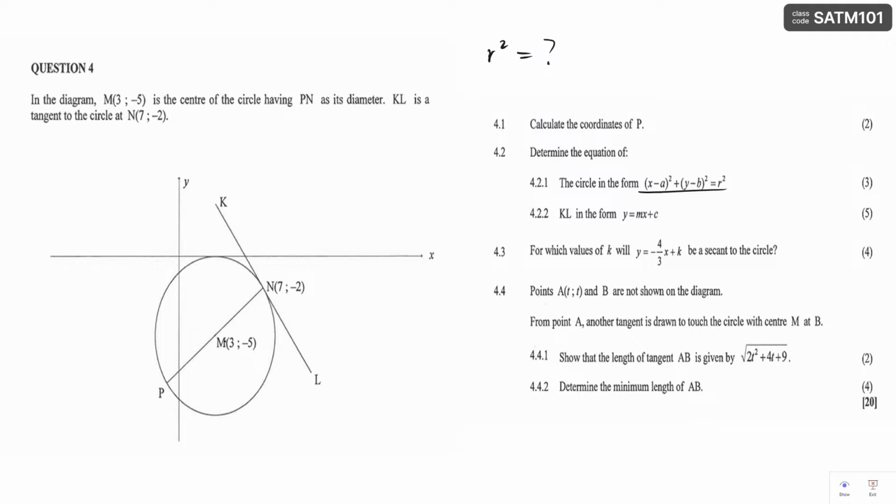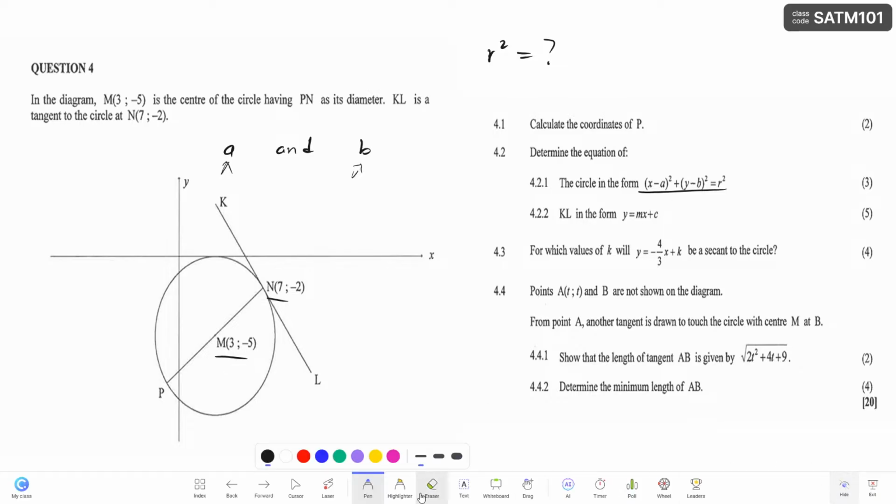I advise you to use M and N, because those are the values that you were given. Then the values of a and b are the coordinates of the center of the circle, which is (3, -5).